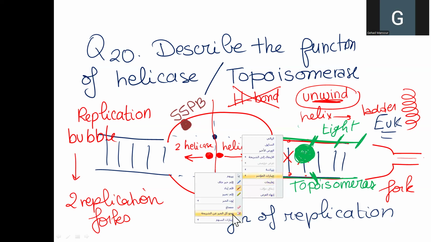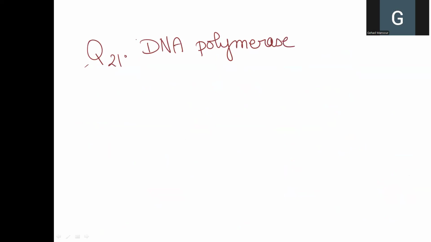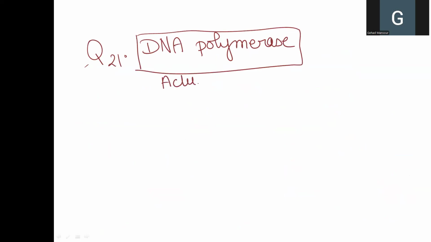And now we will move on to question 21, where we will be talking about the function of the very important DNA polymerase. We said a very important enzyme because it is the DNA polymerase that does the actual building up of the DNA molecule.